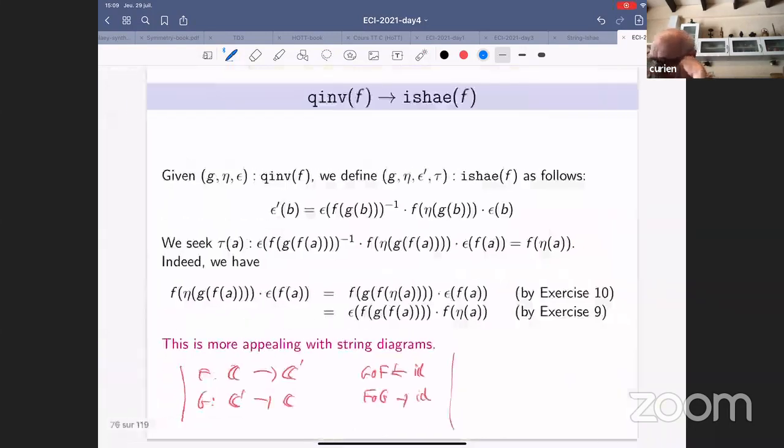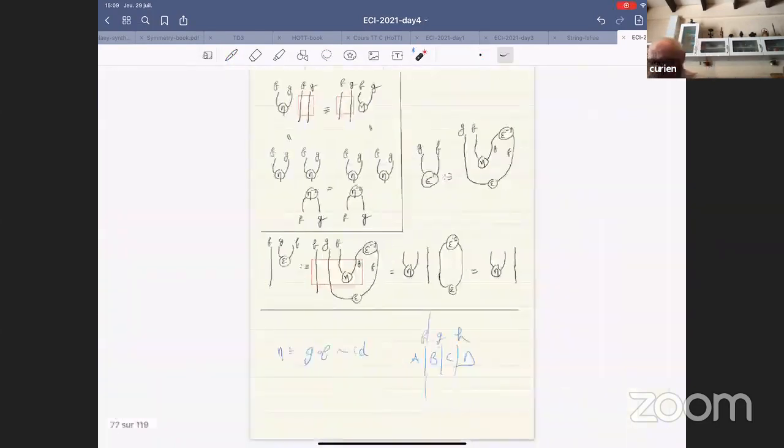Okay, I'm seeking here to define some epsilon prime. So I have operators, and these operators will appear in this form. So, for example, eta is going to be a proof that G composed with F is homotopic to the identity. Okay, or equal to the identity, because we have extensionality.